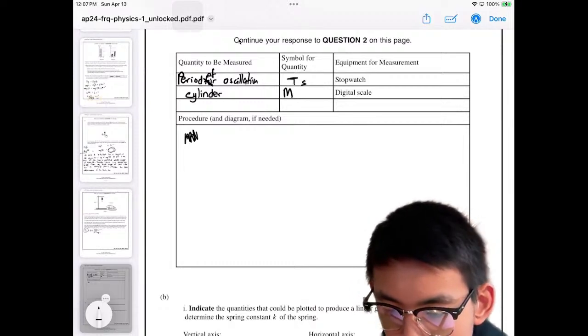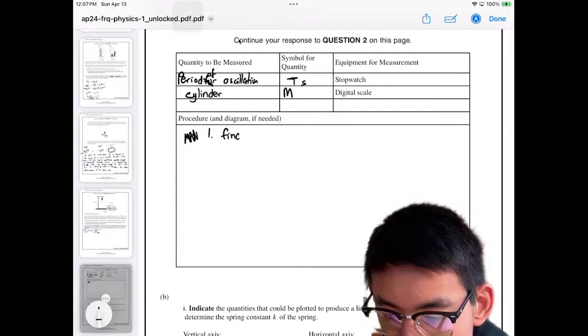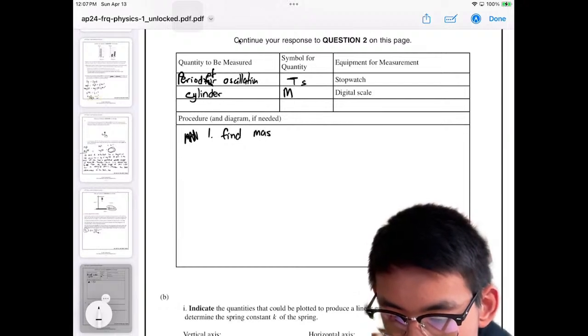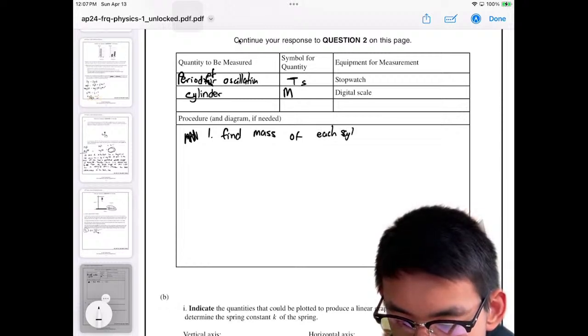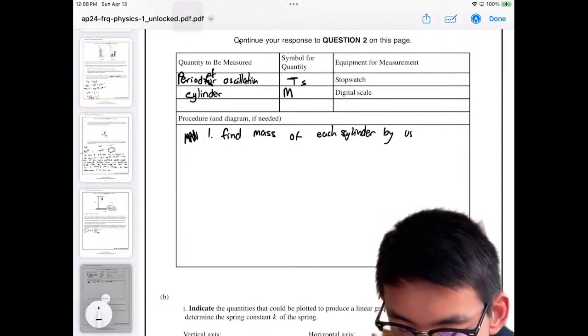Step number 1: find the mass of each cylinder by using the digital scale.